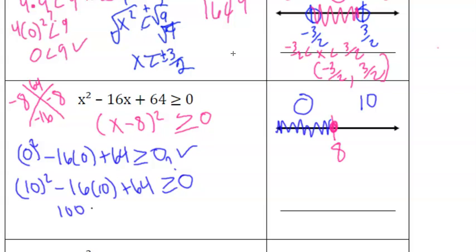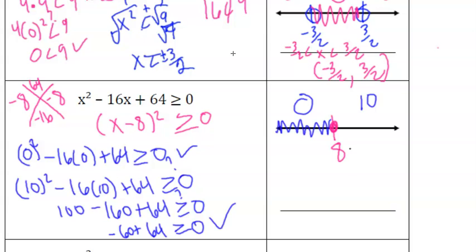So we have 100 minus 160 plus 64. So it's negative 60 plus 64. That is greater than or equal to 0, so we also shade that in. So our answer is all real numbers.